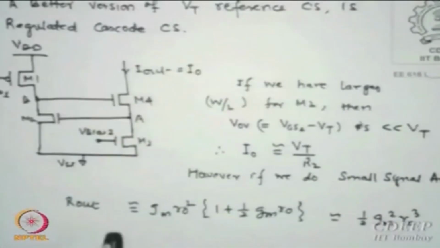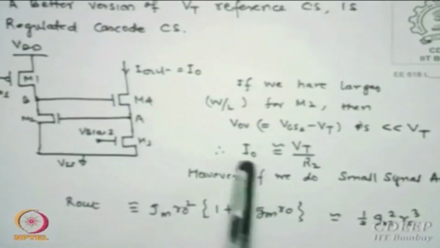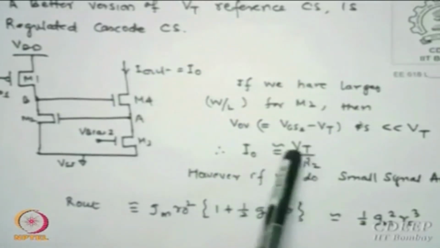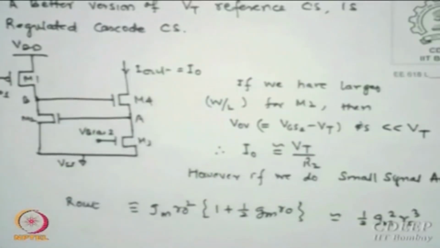As I already calculated R0 for a cascode, the AC output impedance is around gm squared R0 cubed, assuming all transistors have the same W/L and the same lambdas. And if you look at the current now, it is Vt divided by R2, because the maximum voltage across this will be Vt.